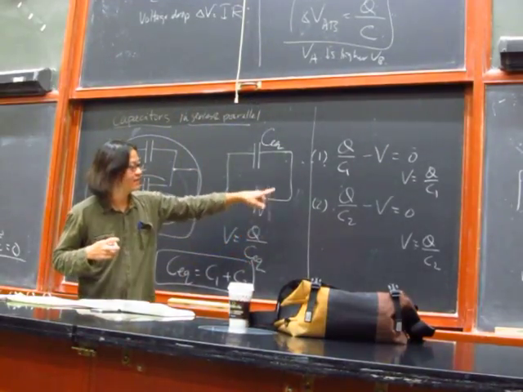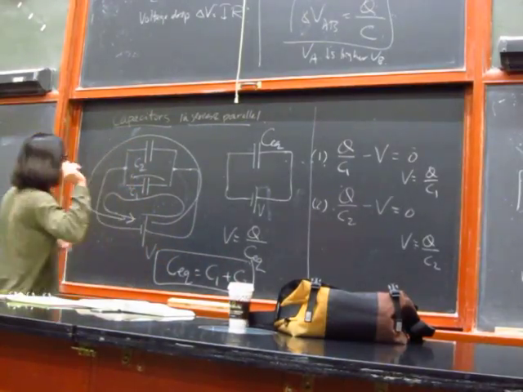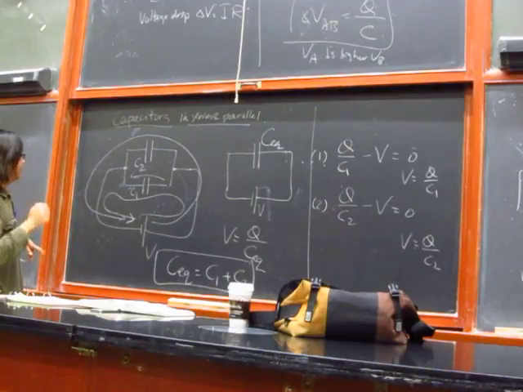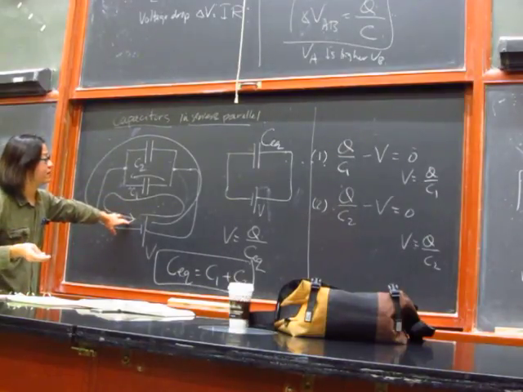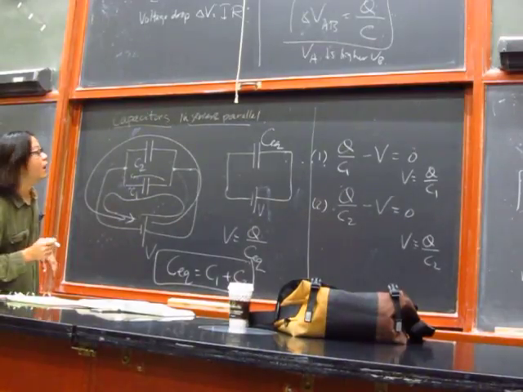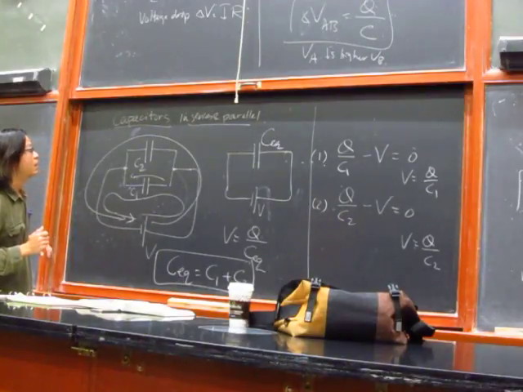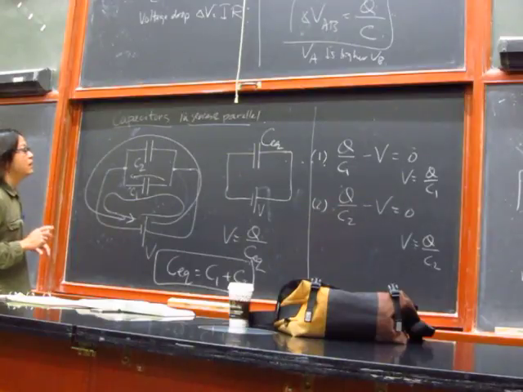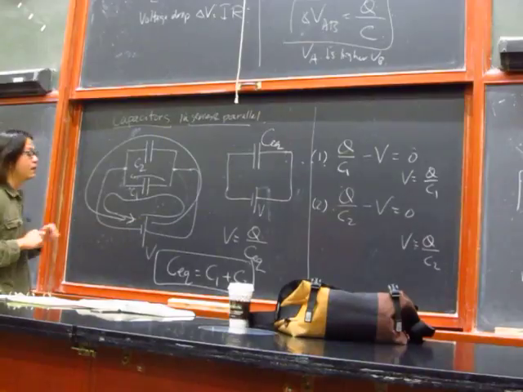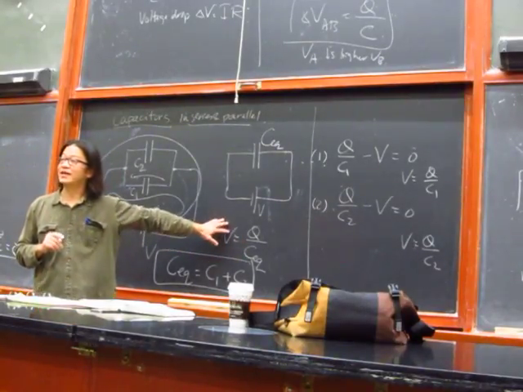How do you know that Q is the same? Yes, you're right. The potential is the same, but Q is not necessarily the same. I think one way to define that might be to say, if you take the derivative of Q with respect to time, you get current.